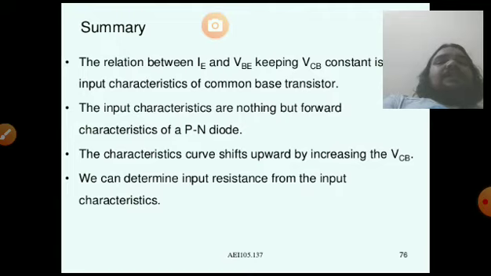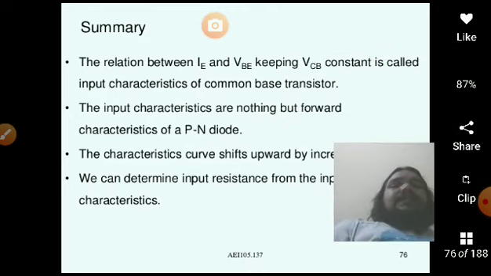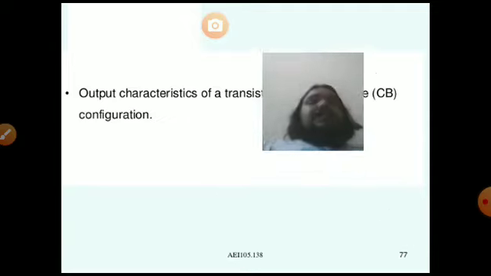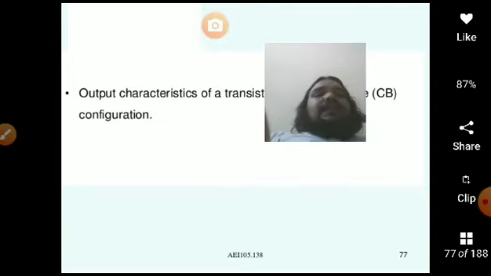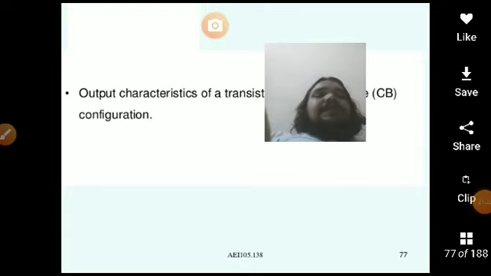We can determine the input resistance from the input characteristics. This is the input and output characteristics of the common base transistor.